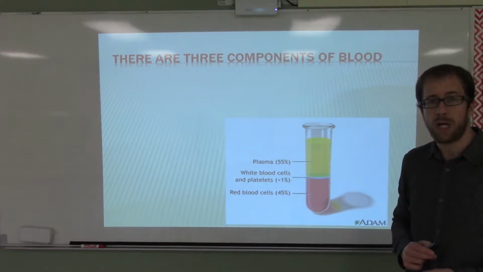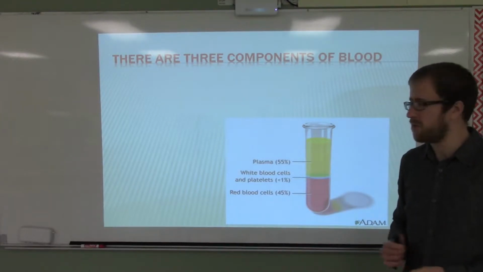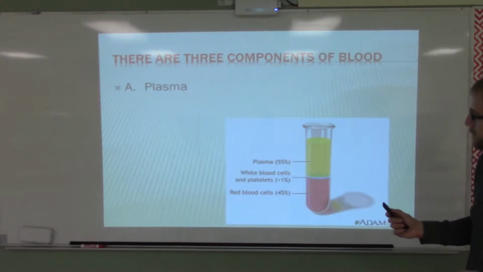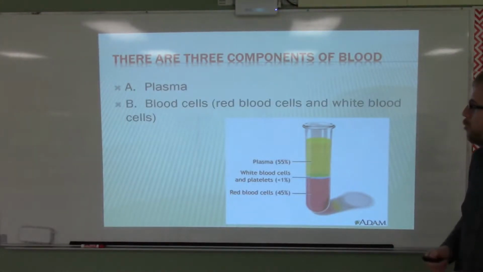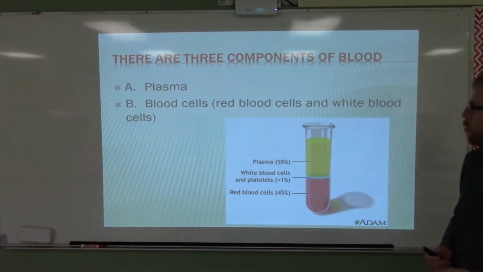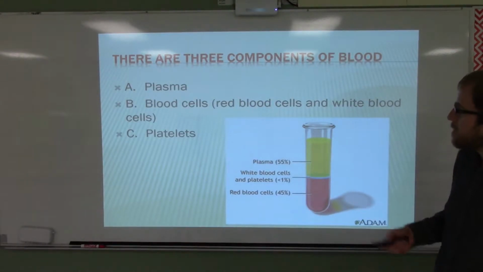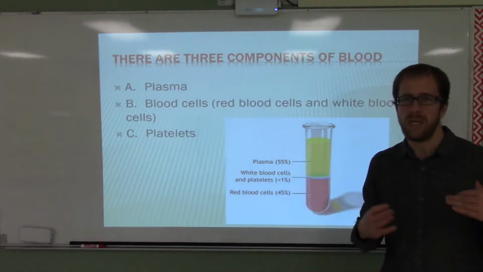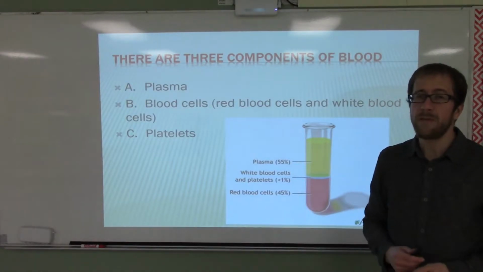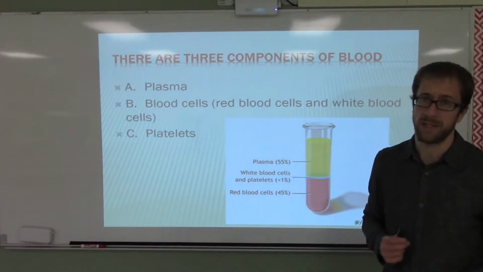But this carries a lot of different proteins and a lot of other supporting factors as well. So we got plasma, we got blood cells, in particular red and white blood cells. And lastly, platelets. And platelets I would almost group in with white blood cells because believe it or not, they used to be a white blood cell.